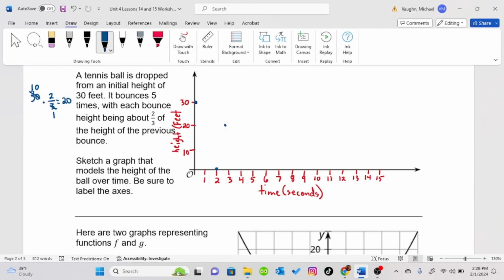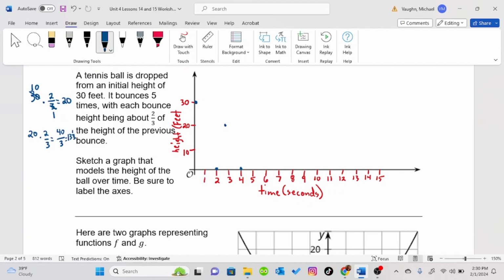And then it's going to come back down and hit the ground again. So my second bounce is going to be 20 times 2/3. 20 times 2/3 is going to be 40 over 3, which equals 13 1/3.